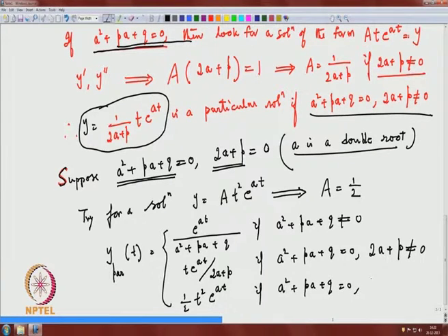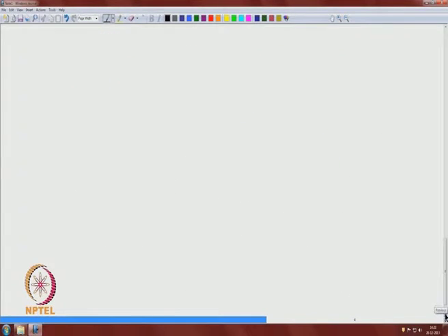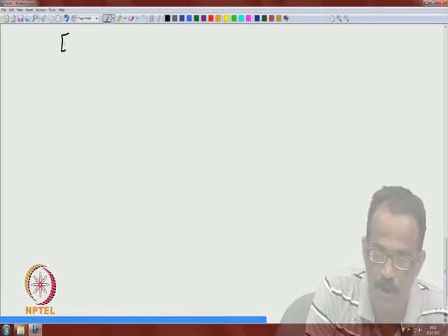So, you have your particular solution, you also know how to compute your complementary functions, what are called the solutions to your homogeneous system. The same procedure can be adopted.